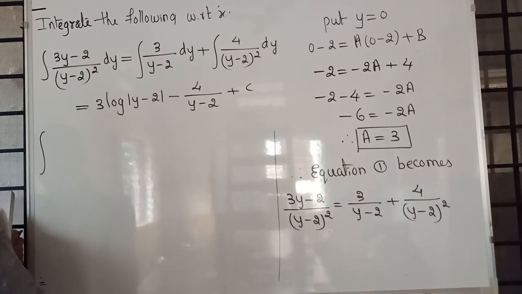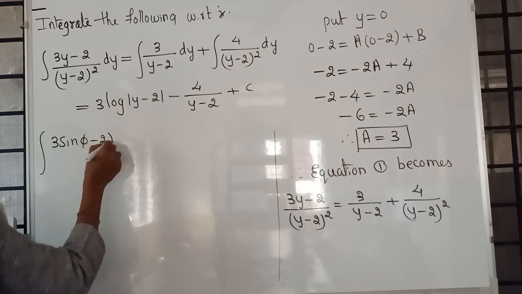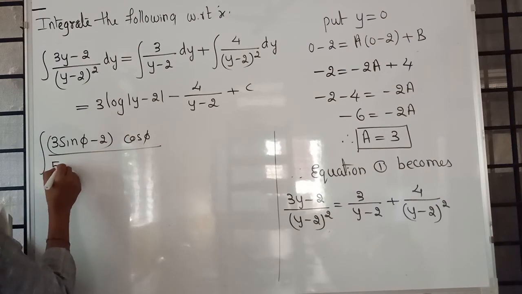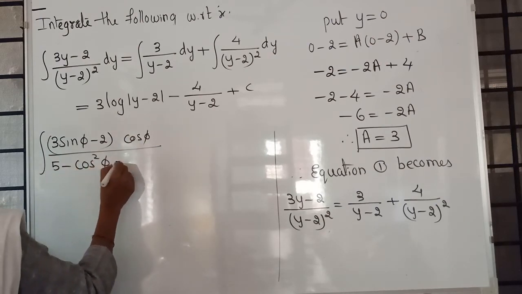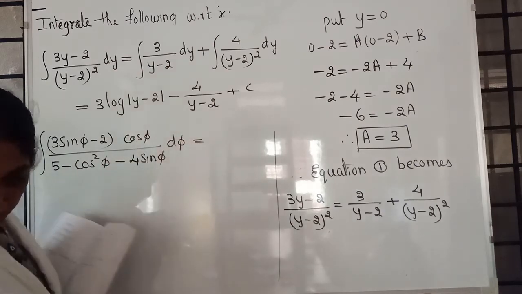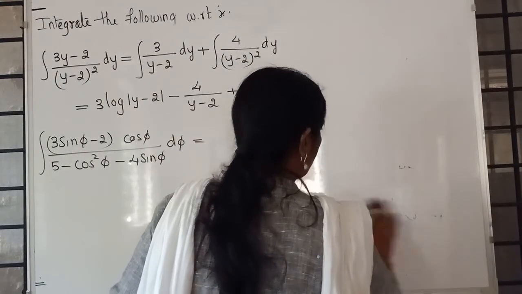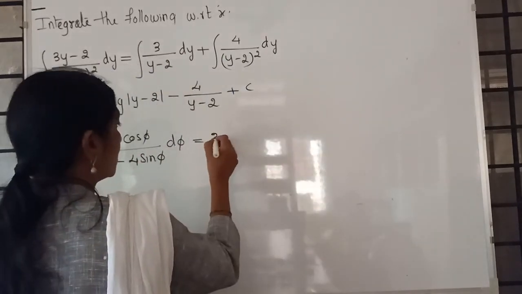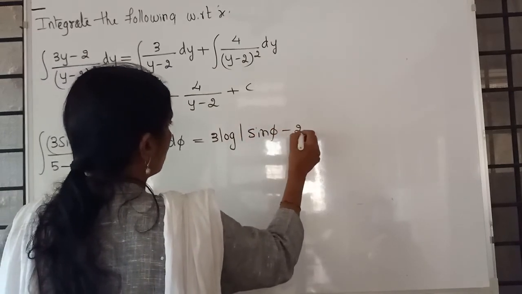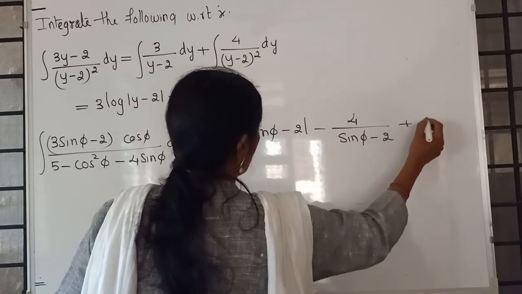So the integration of (3 sin theta minus 2) cos theta whole upon 5 minus cos square theta minus 4 sin theta into d theta is equal to 3 log of (sin theta minus 2) minus 4 upon (sin theta minus 2) plus c.